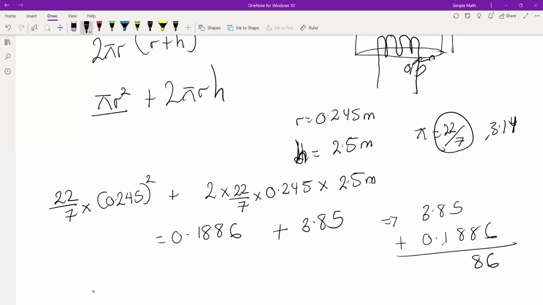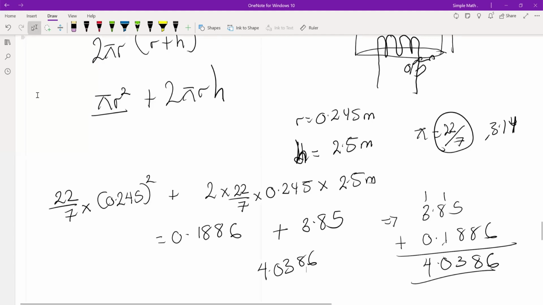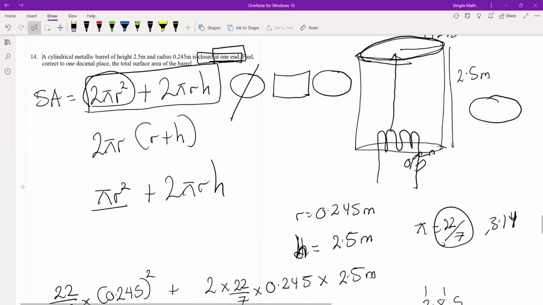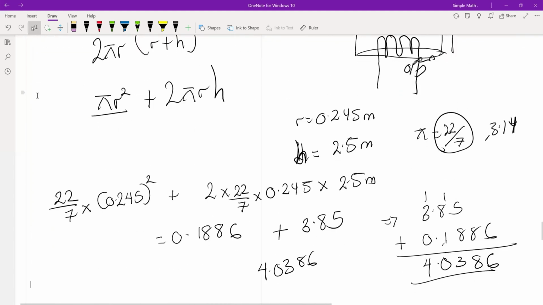0.188668. This gives 4.0386. So again, I like to use more decimal places because of accuracy, and then since it's to one decimal place, we take one decimal place.